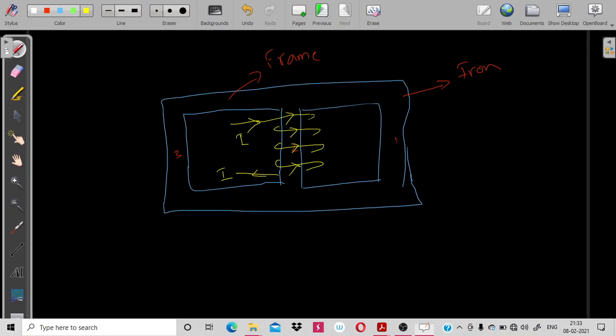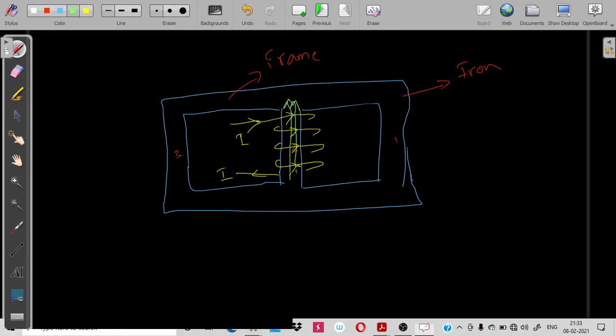If you curl the four fingers of your right hand inwards, the thumb direction indicates the direction of the flux coming out of that winding. That means the flux will be coming like this, and I'm calling this flux phi.